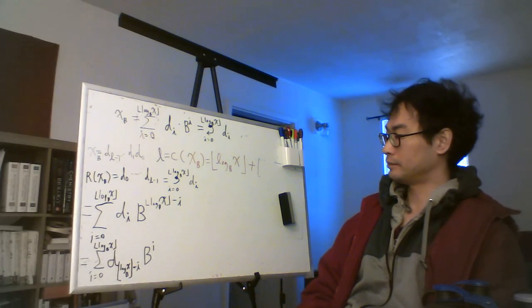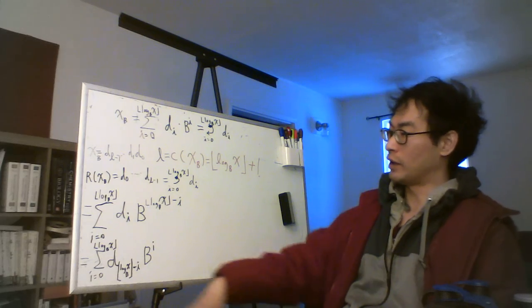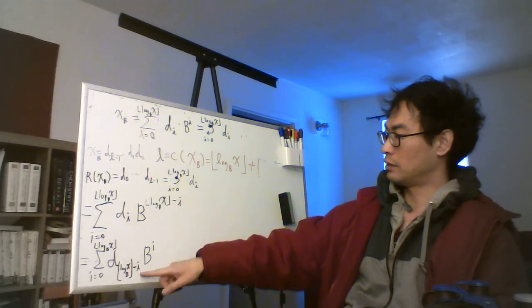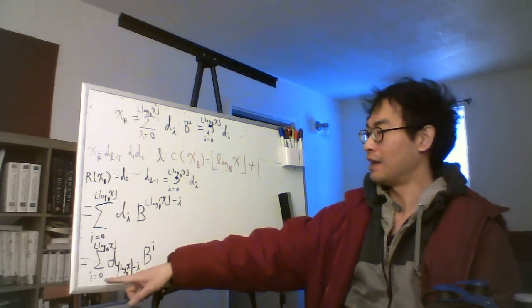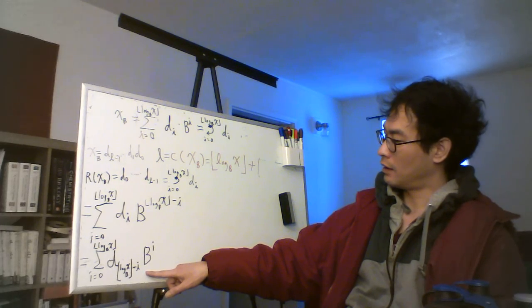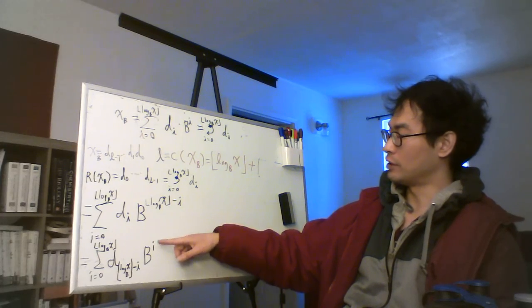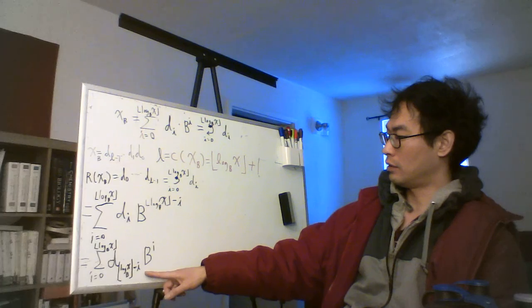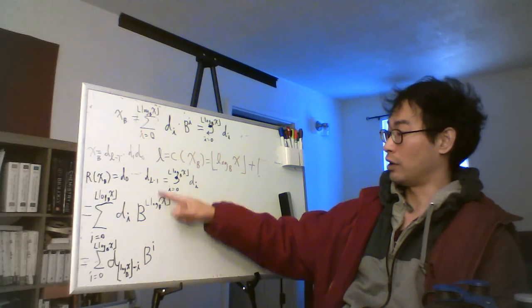Because when i is 0, you have b to the 0th, and d is L minus 1.